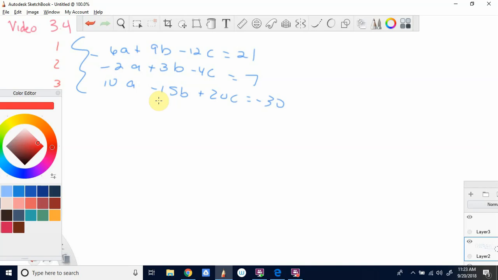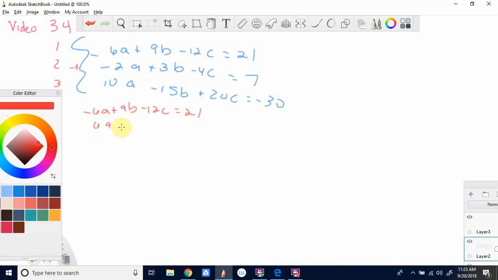So again, I'm going to take the first two equations, and I'm going to attempt to get rid of the a's. So they're both negatives, and the least common multiple is 6. This is already 6, so I'm going to multiply this by negative 3. So I've got negative 6a plus 9b minus 12c equals 21.